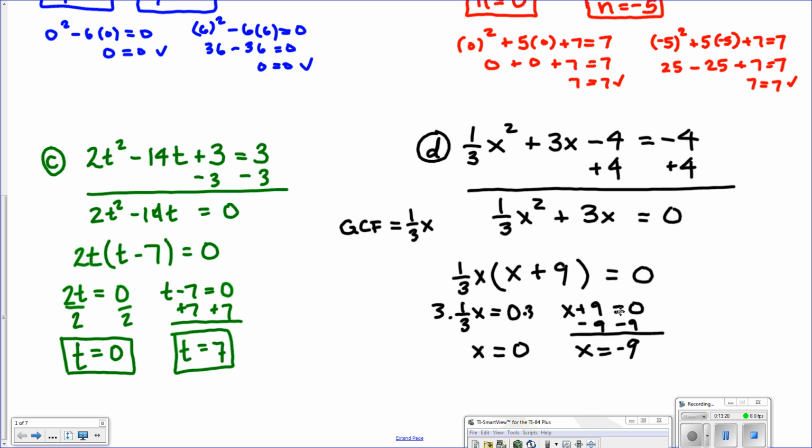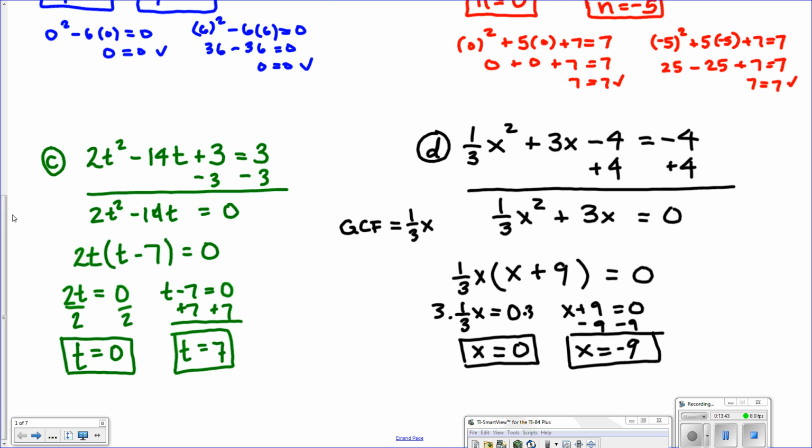Now you can take it, plug them back into your original equation to make sure they work. I'm going to tell you right now, just for time's sake, I don't want this video to drag out any longer, but these two answers are correct. So you do need to make sure you get in the habit of checking your own work, but in this case, your answer is going to be 0 and -9.